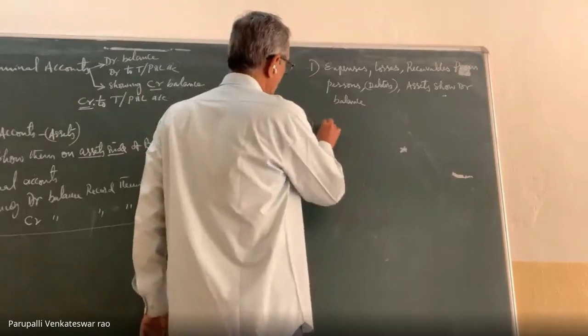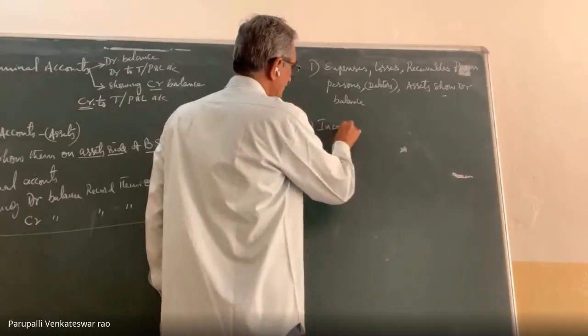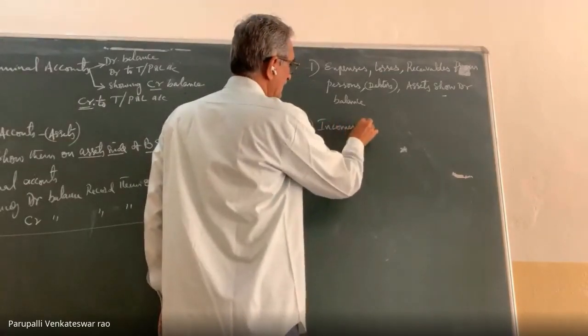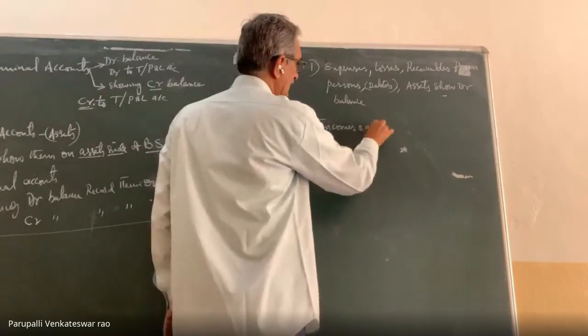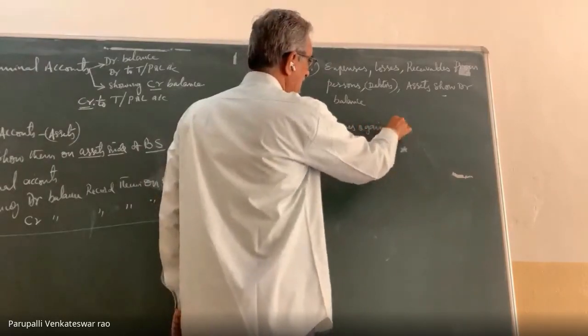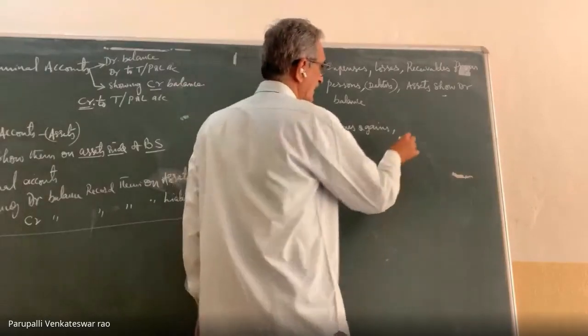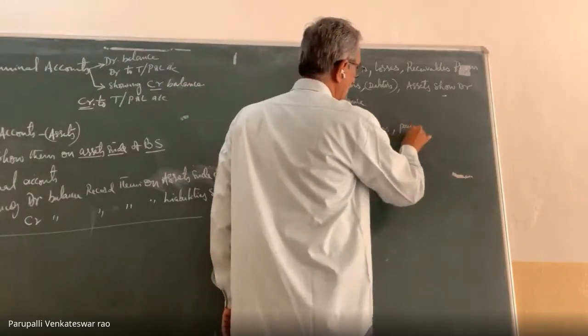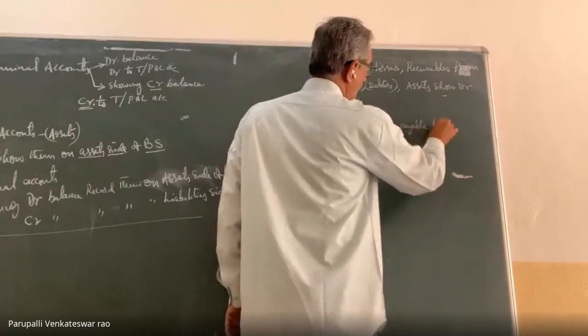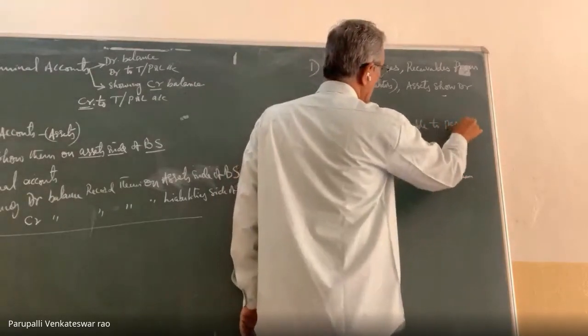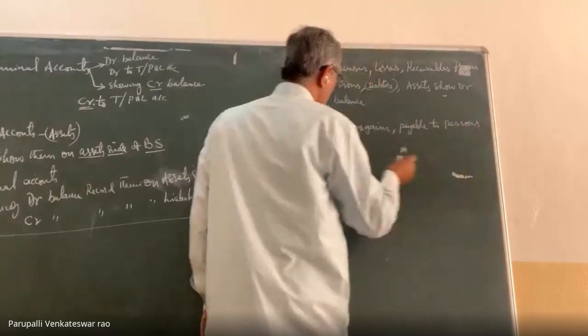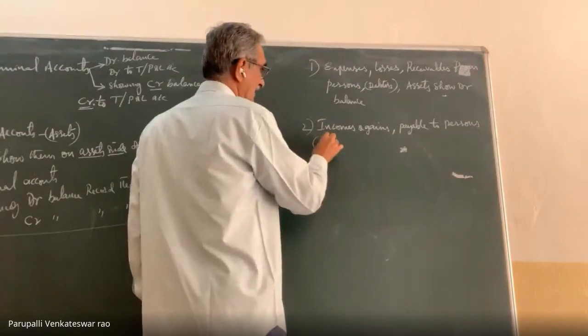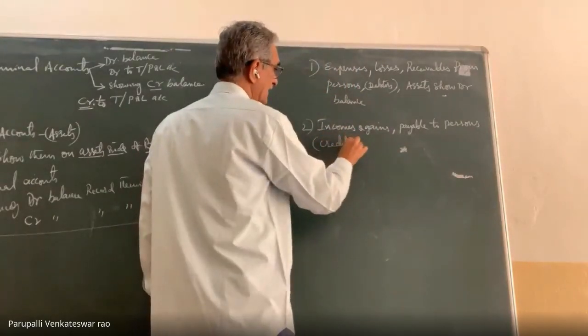Second one, incomes and gains. Incomes, gains, payables, payable to persons. Payable to persons, that is creditors.